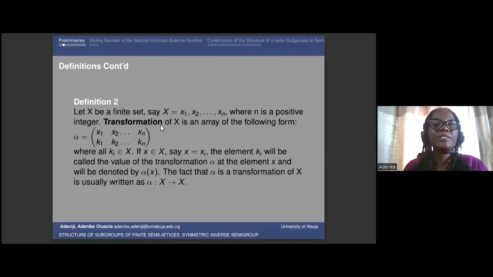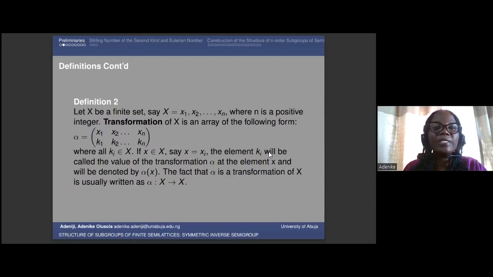Another definition is transformation. We use the notation alpha with this example in general. A transformation can as well be known as a function or a map, and it's an array that has domain and then codomain. So each of the points in the domain has a value. As it can be seen here, we use ki to denote the value for each element in the domain.